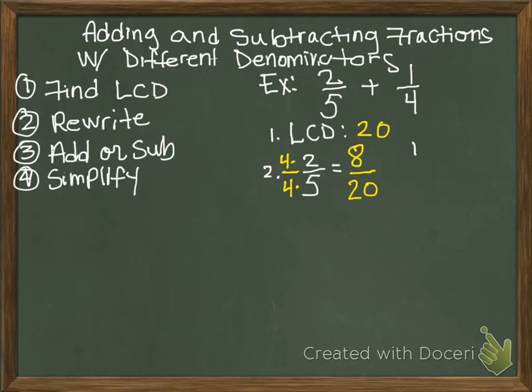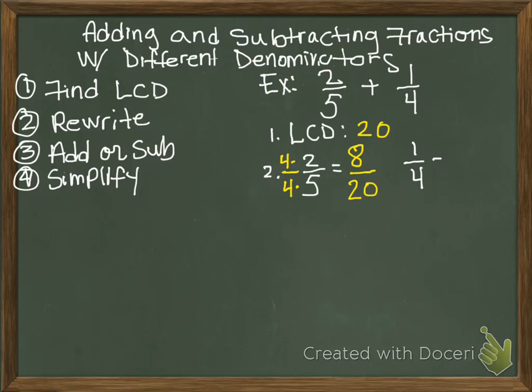Well, as you can see here, we multiply 4 times 5 to get 20. If I'm multiplying 4 times the denominator, then I must multiply 4 times the numerator. So 4 times 2 is 8. So the fraction 2 over 5 can be rewritten as 8 over 20.